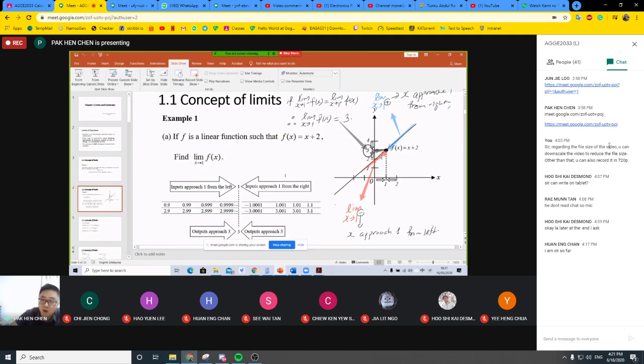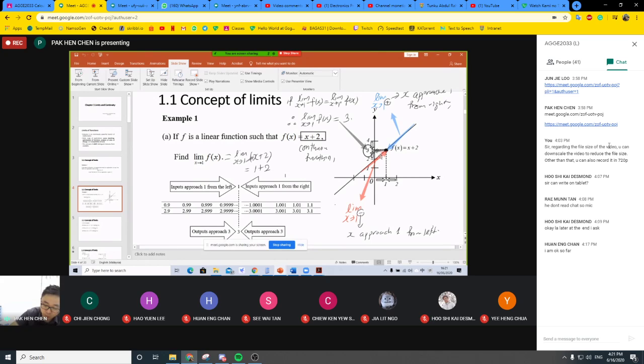Okay, but for our workings, as long as I know that this is a so-called continuous function, then we will just write limit of f(x) equals limit as x approaches 1 of x plus 2, and then we just solve it by substitution.